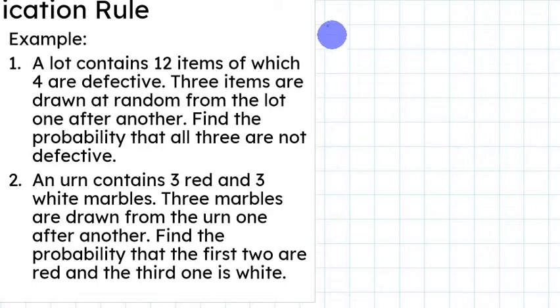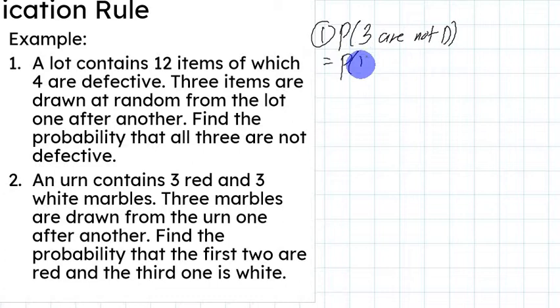So, if we want to find the probability that 3 are not defective, in the language of sets, that would simply be the probability of the complement of defective at the first draw, then the complement of defective at the second draw, and of defective at the third draw. So what's the probability that after all 3 draws, it will still not be defective?